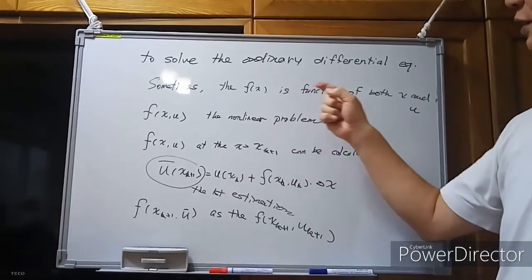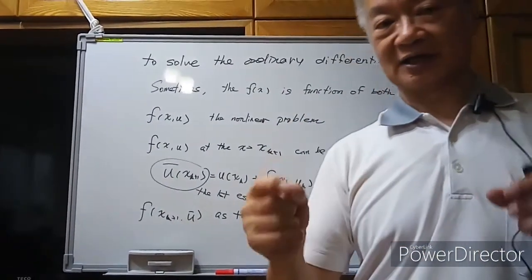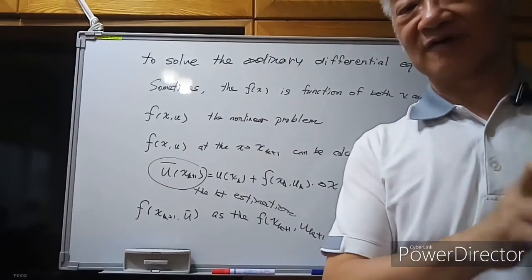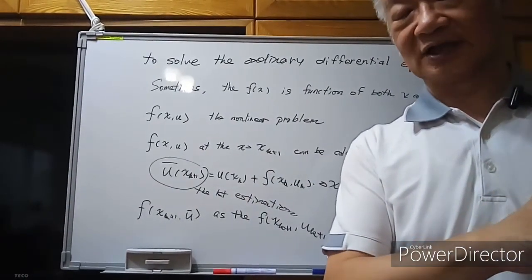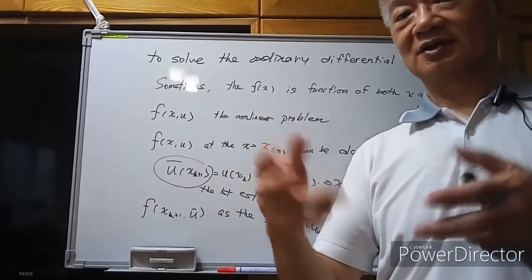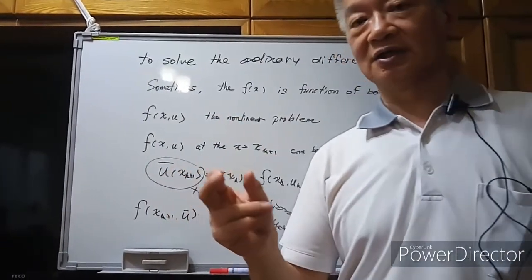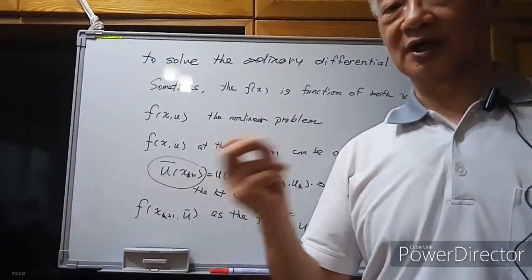Then we can follow the second order Runge-Kutta method. We take the average of the function values at the left end and at the right end to calculate a more accurate u at x plus 1.